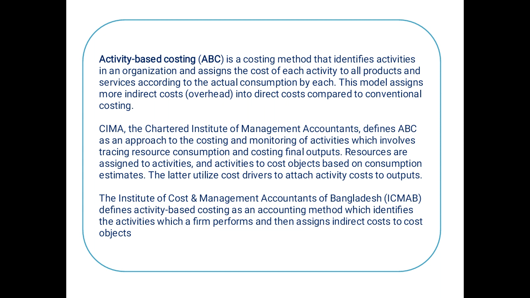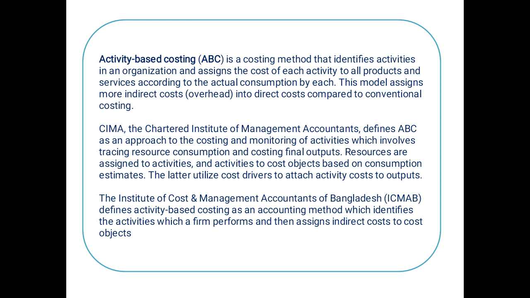The latter utilize cost drivers for attaching activity cost to output. According to that definition we can say that activity based costing is an approach to costing and monitoring the activities which involve tracking resources consumption.